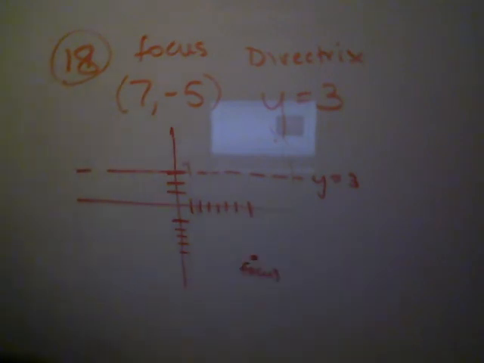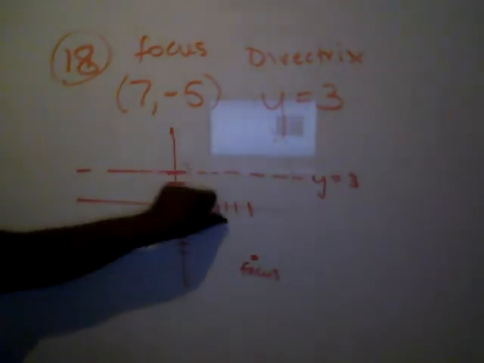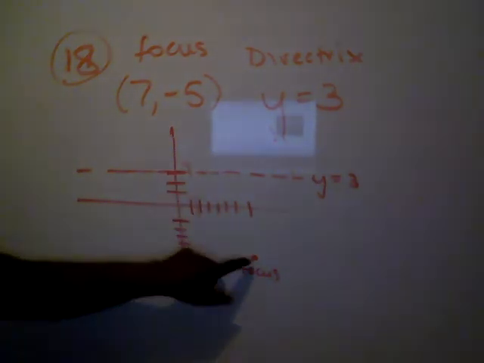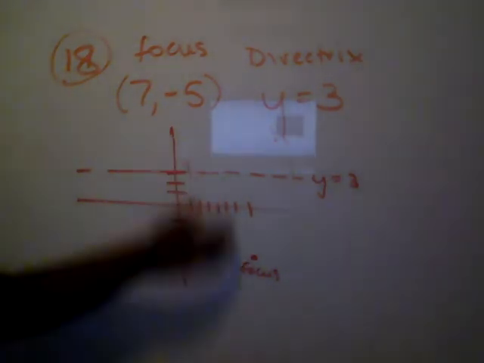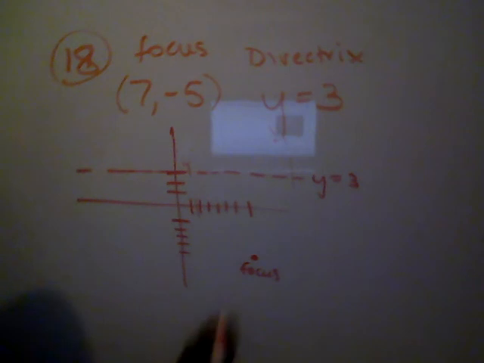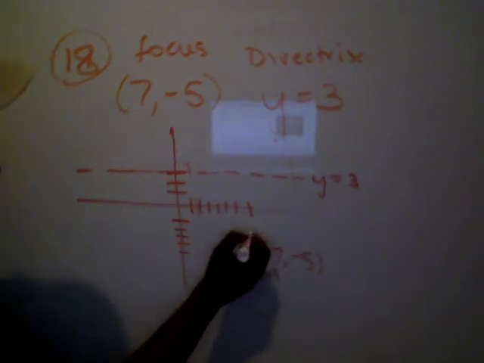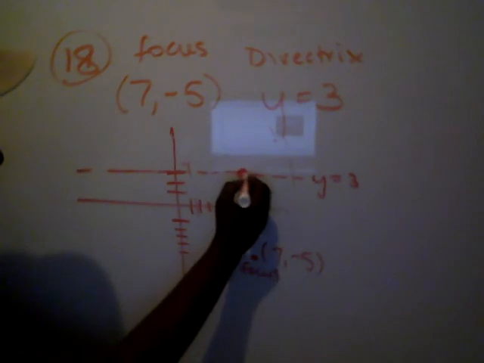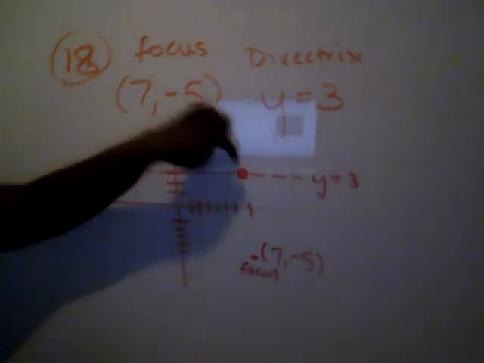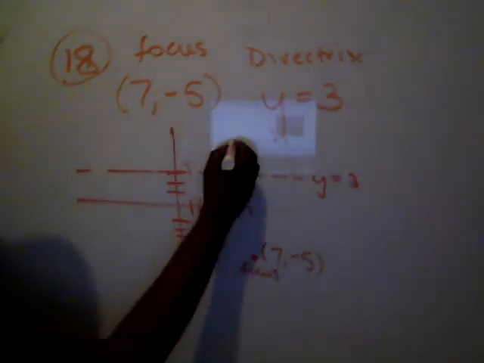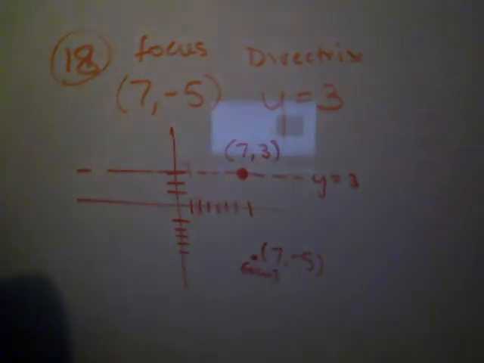And that's exactly true. Remember that p-value is the same distance from the vertex to the line as it is from the vertex to the focus? That means our center is somewhere in the middle here. So if this is 7, -5, I'm just going to plot the point, put a big point right here, right on the directrix that's exactly right above the focus. That point would have been 7, 3.